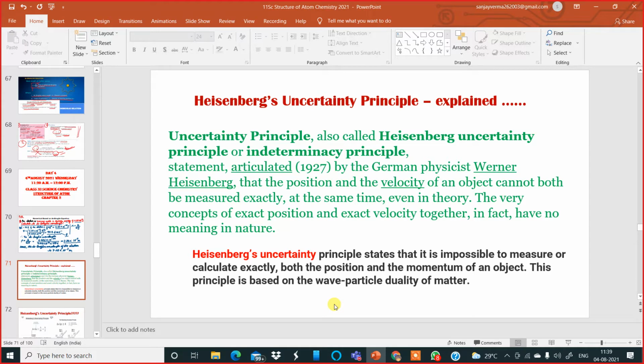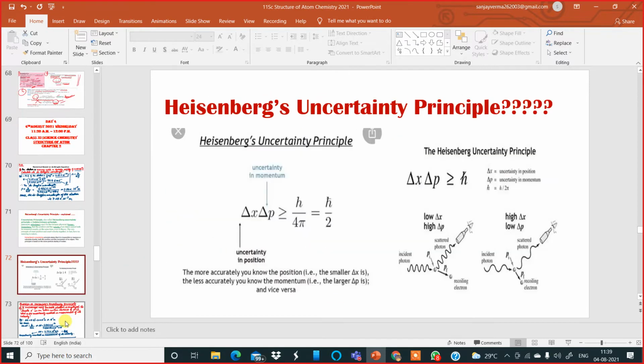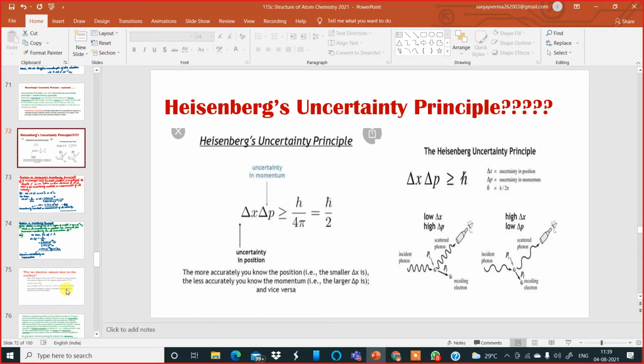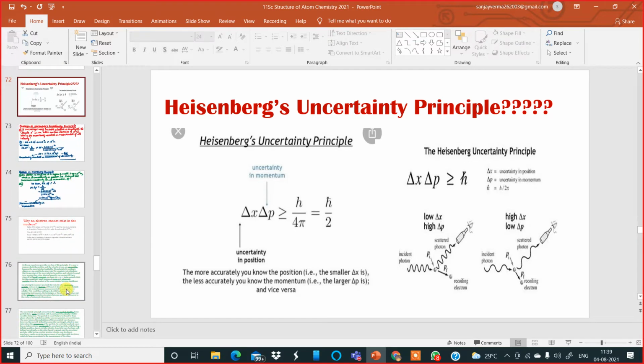So that is how this principle was stated. We can get a rough estimation of the location of the electron by using the Heisenberg's uncertainty principle. Now, let us look at the next slide.